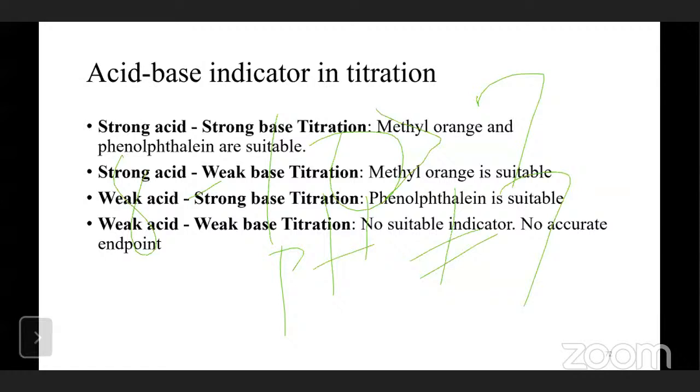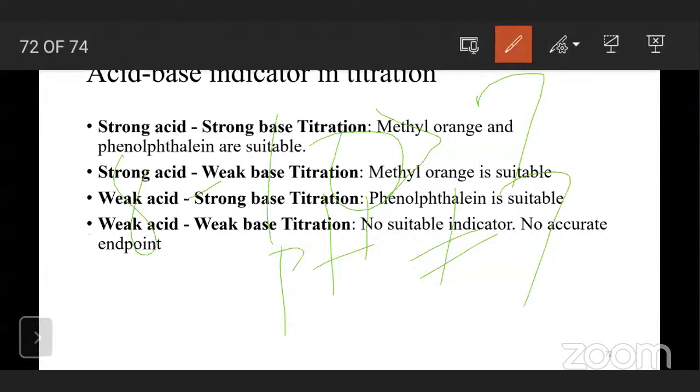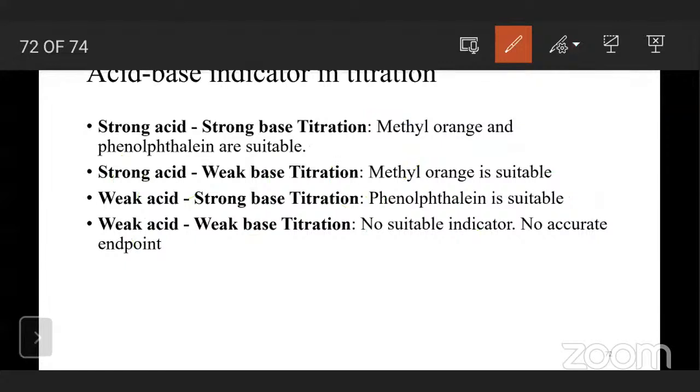So for this type of reaction, where we have a weak acid against a weak base, the endpoint may not be sharp, so no accurate endpoint, and there's no particular suitable indicator for this type of reaction. So most researchers try to avoid titrating and using an indicator to monitor this type of acid-base reaction.